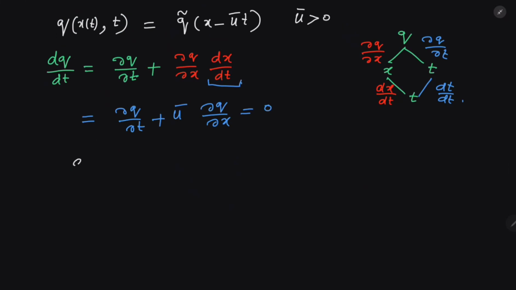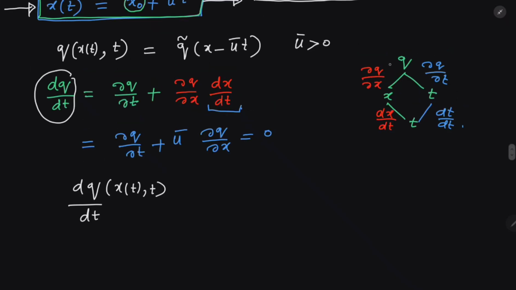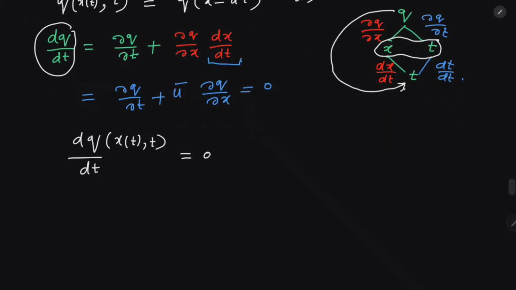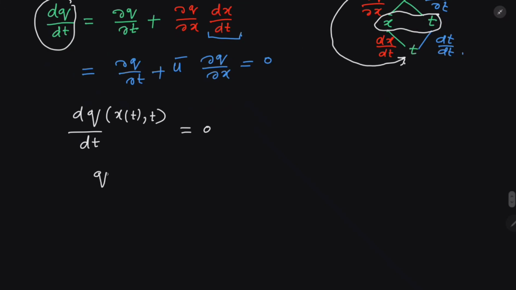So what happened? dq of x(t), t divided by dt, since we are taking an ordinary derivative, the reason is q actually depends on t. These two are intermediate variables. So dq by dt is equal to 0. It means that q is constant.